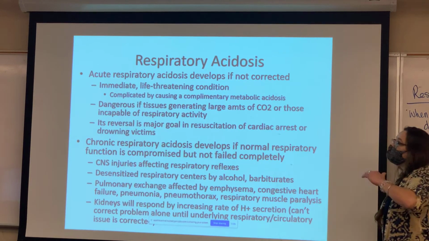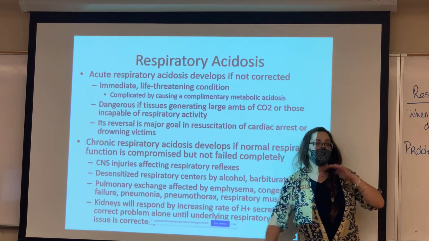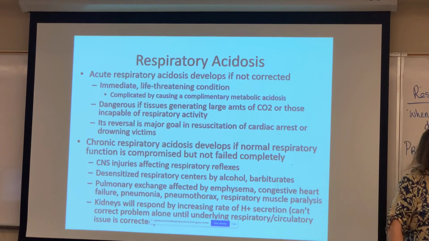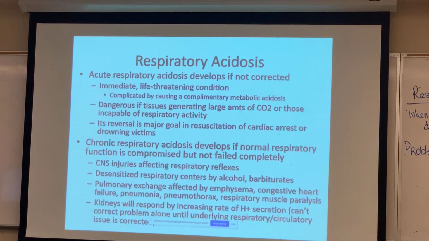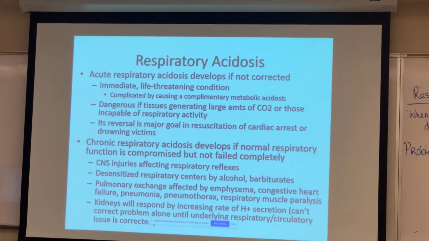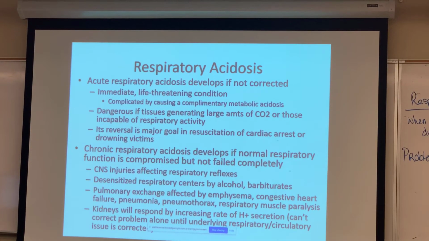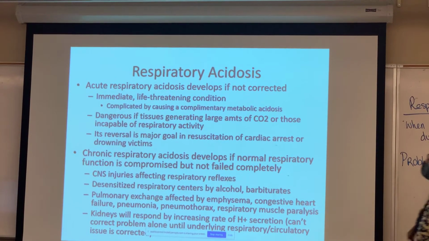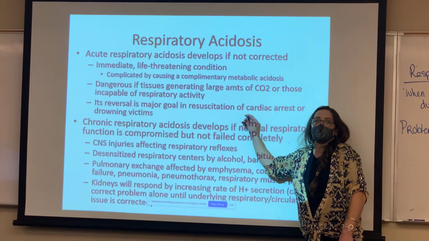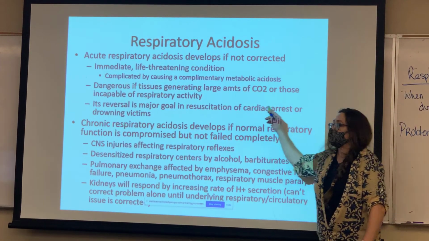If they are in that kind of acute respiratory acidosis, you have to do mechanical respiration for that person, okay? You've got to try to get that CO2 out quickly. So mechanical respiration is probably what you're gonna have to do here to keep them alive, okay?